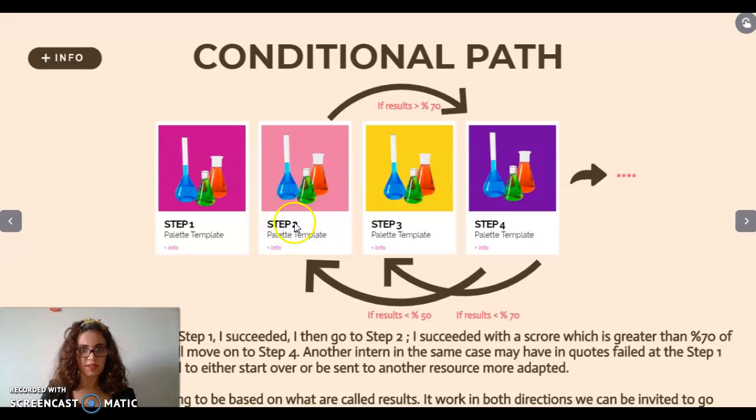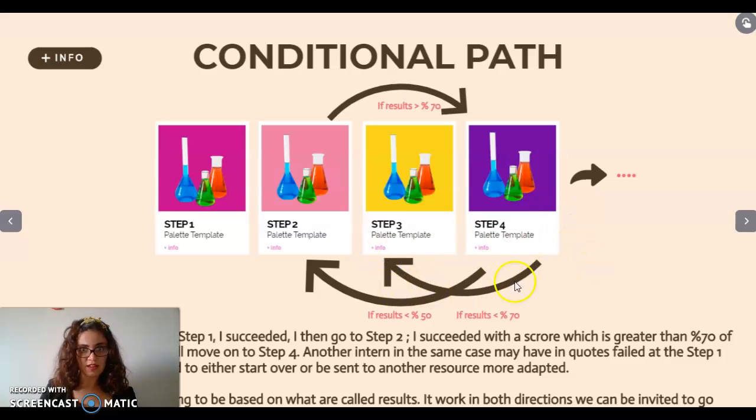And if I succeed at step 2 with a score which is greater than 70 percent of the overall mark, I will move on to step 4. Another learner in the same case may have failed at step 1 and is going to be invited to either start over or be sent to another resource more adapted.